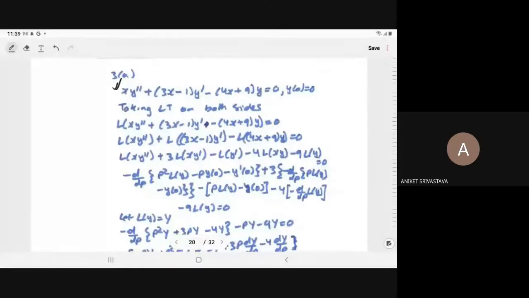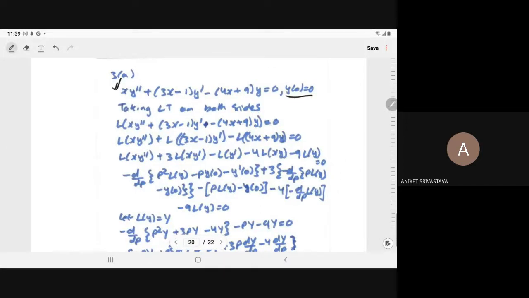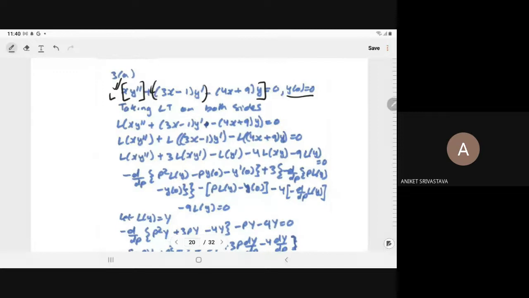solve x y double dash plus (3x minus 1) y dash minus (4x plus 1) y is equal to 0, and the condition given to you is y(0) is equal to 0. In this case, as usual, you take the Laplace transform on both sides. Our given equation is a second order homogeneous equation.